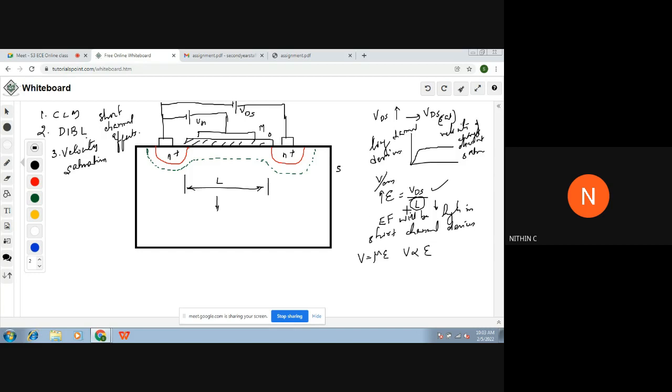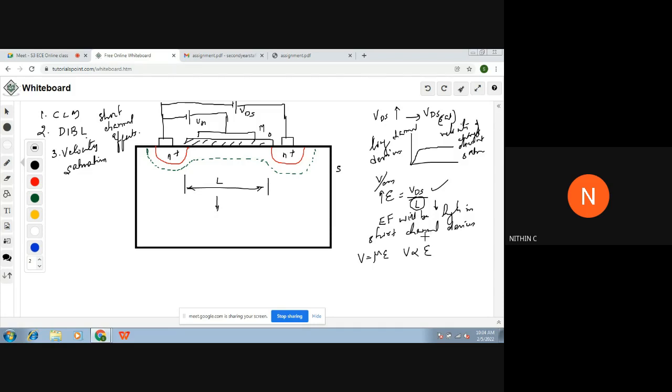So in this case, since length is very small, electric field is very high. So proportional to electric field, velocity increases. So you can say that velocity will saturate in case of short channel devices, as the electric field has increased very much due to the short channel length.